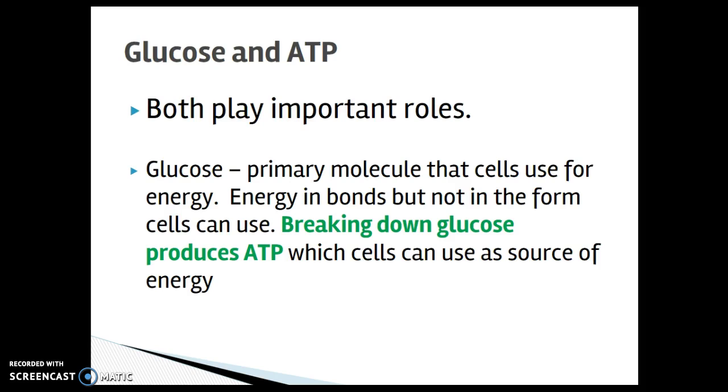So they need to break down the glucose to produce the ATP, which cells can use as a source of energy. We talked about this in Unit 1. Glucose is that stored energy, and it has to be broken down to be used as ATP, which is that usable energy.